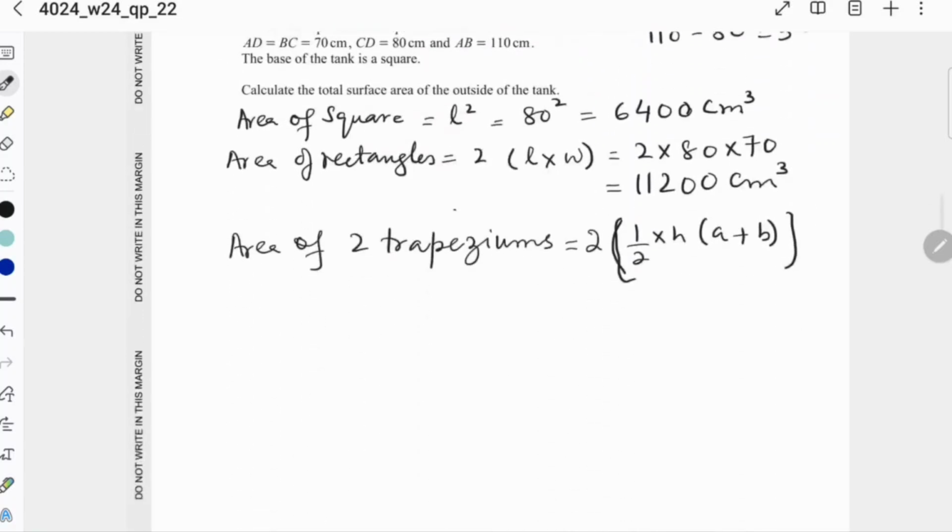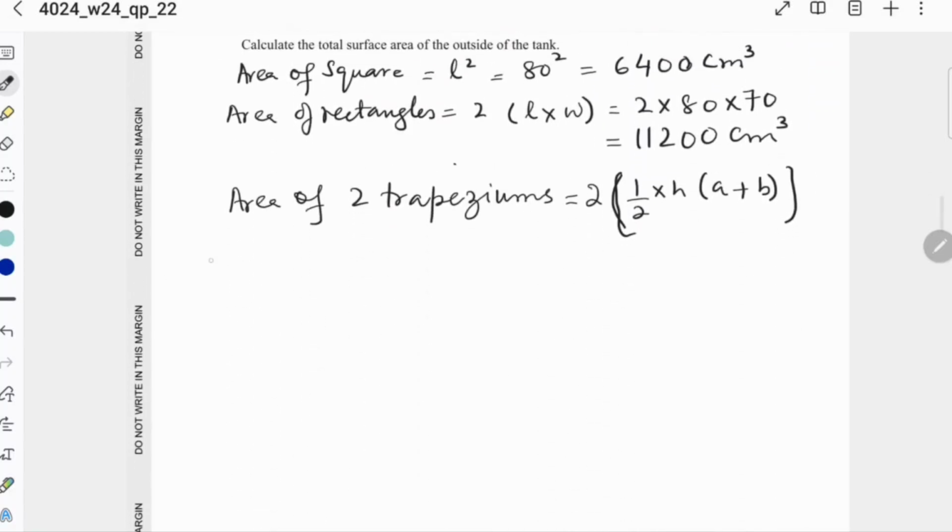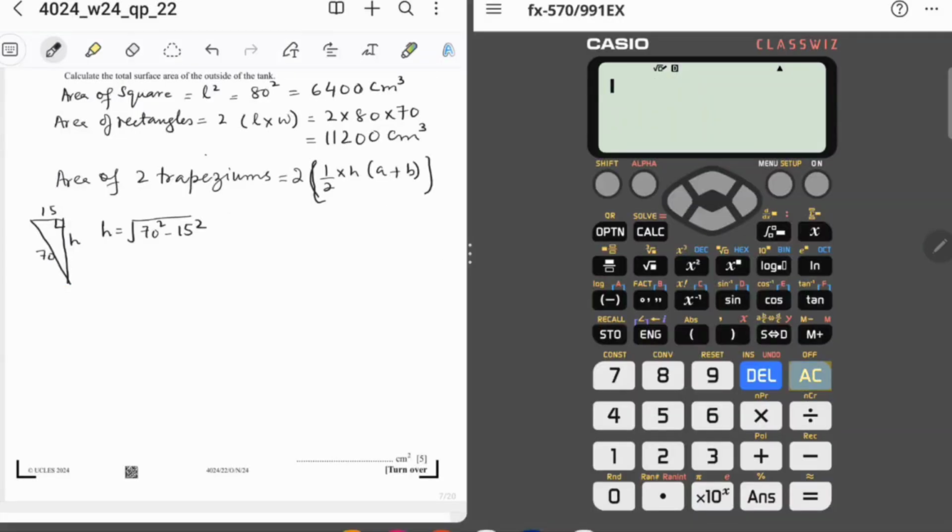So to get the height, we can draw a right angle triangle. They are the same from both sides, 90 degrees, 15 and 70. 70 is the hypotenuse. To get the height h, h equals the square root of 70 squared minus 15 squared.